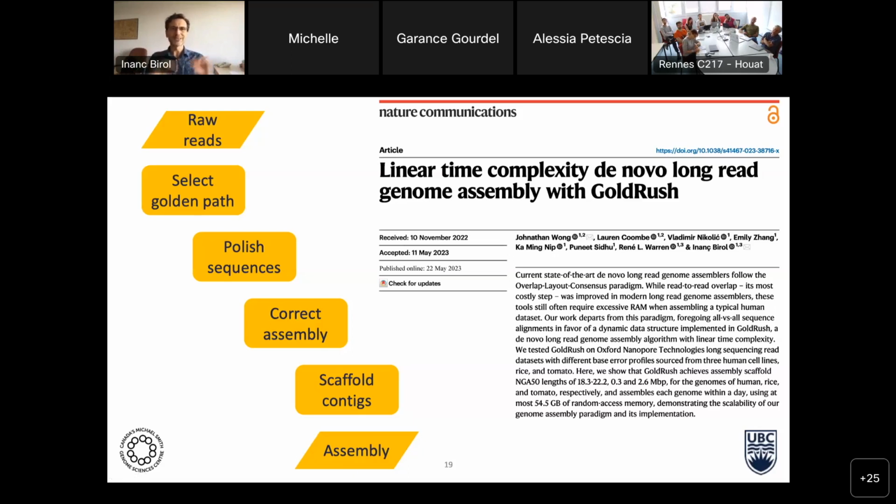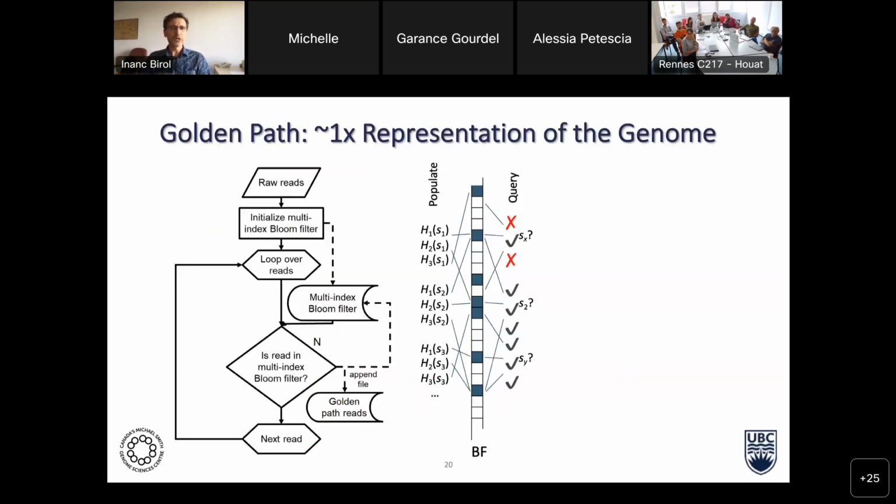If we select those golden path reads as a close to one-fold representative of the genome, then we can polish those, we can correct for some misassemblies, and we can scaffold those further, if we can, using some redundancy from the other reads. So then the question becomes, how do we select the golden path?